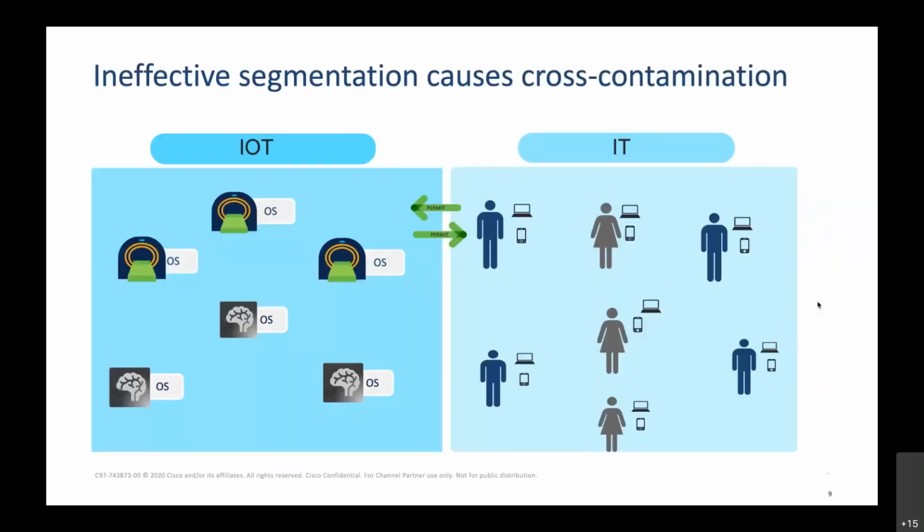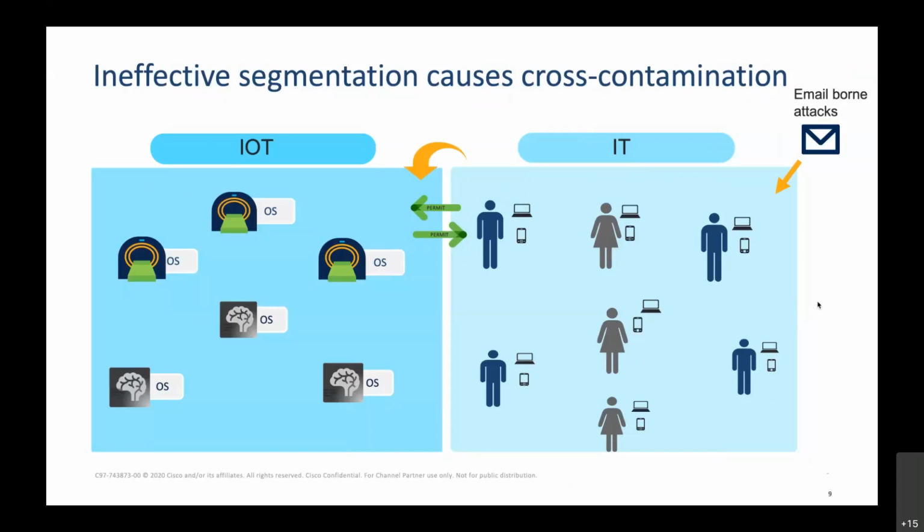And given those challenges that I spoke about, let's see what happens when a network is not segmented well. In this example, we have IT users that are communicating with IoT devices. What can happen when there's ineffective segmentation is that things such as an email-borne attack, 80% of email-borne attacks, will result in some sort of cross-contamination in this scenario with IoT devices.